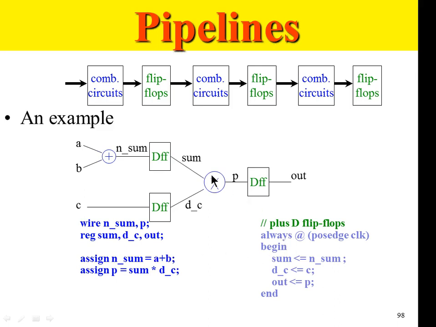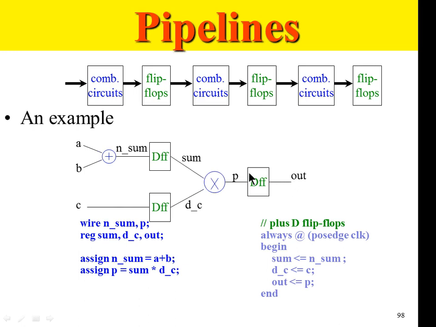We need the always block to implement the D flip flops, flip flop 1, 2 and 3. How do I do that? Always at positive edge of clock, so my sequential, synchronous circuit using the clock will be implemented. Begin the always block. Sum gets n sum at positive edge of clock. This flip flop will be implemented. D underscore C gets C at positive edge of clock. This flip flop will be implemented.